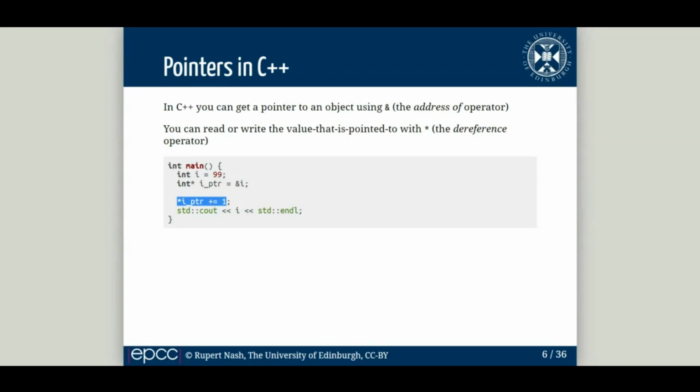Why are pointers also useful? For instance, when you call a function, let's say that you have a large variable or a large vector. If you send the vector by reference to the function, it's more efficient to use a pointer rather than sending the whole vector.